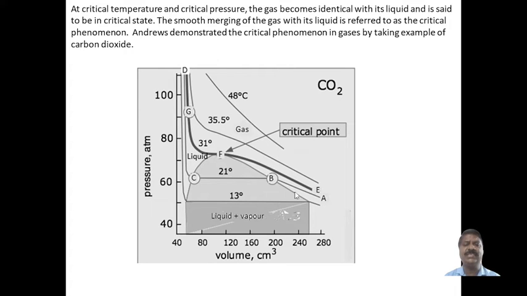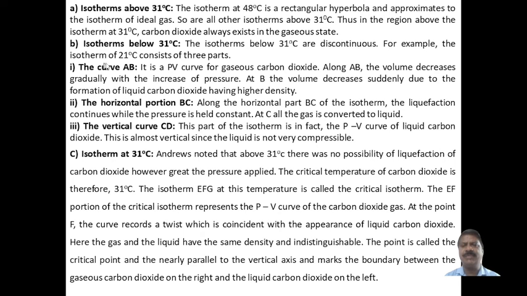As the pressure increases, the volume decreases. As the pressure from A to B increases, the volume decreases. Gases are compressible, they are compressed, they come closer, and it reaches point B.